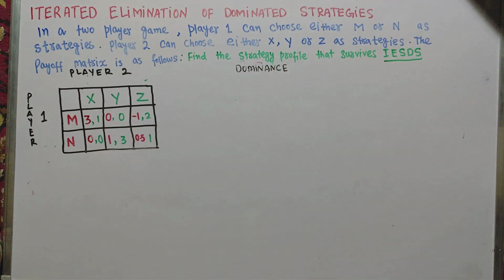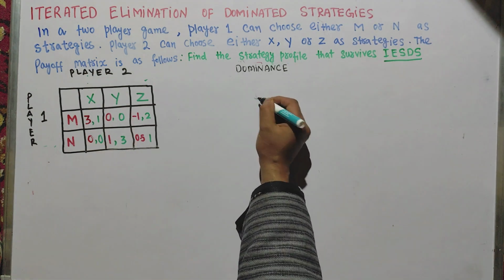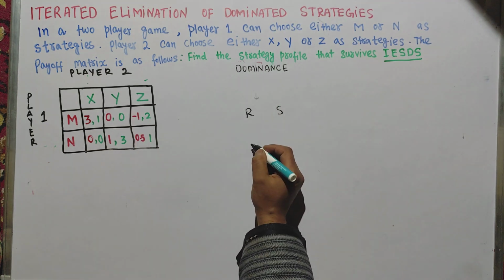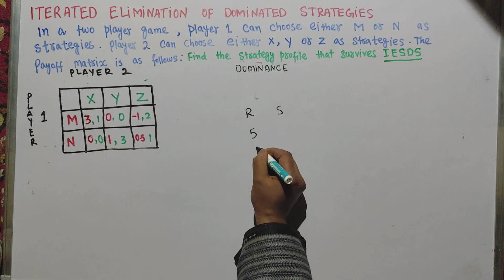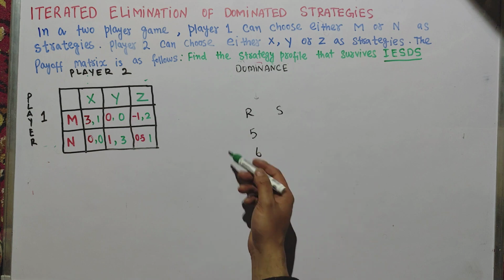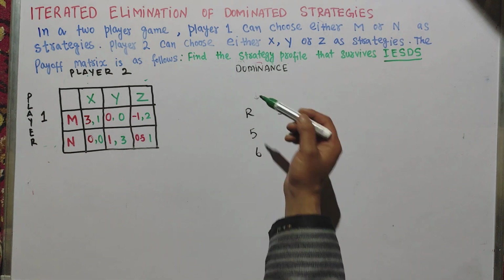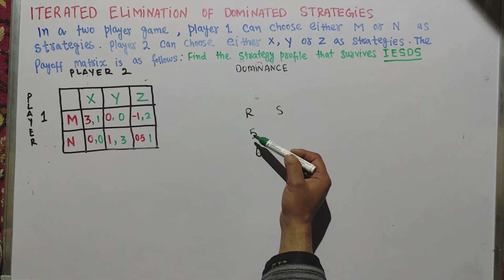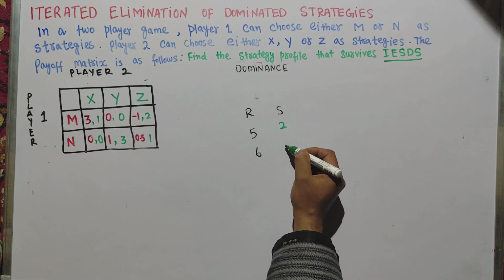Okay, let us take a simple example. Let us say we have a player. He has two strategies R and S. Strategy R gives him 5 and 6 as payoff. I am not writing the other player's payoff here, but for the sake of simplicity, player 1 has two strategies R and S. R has the payoff of 5 and 6, and S has a payoff of 2 and 1.